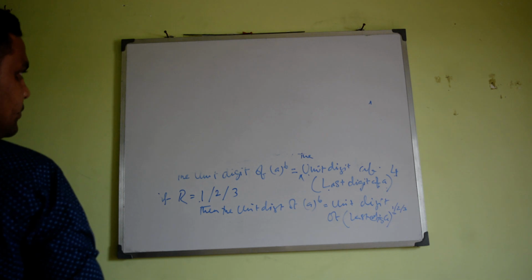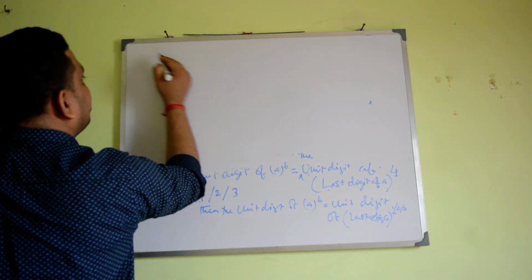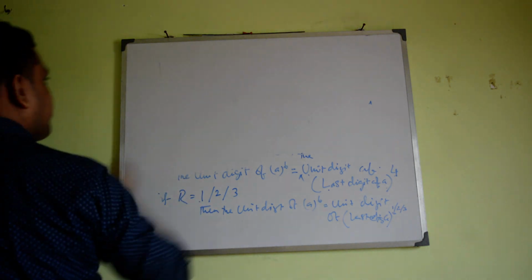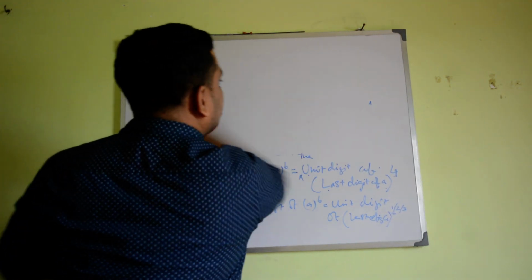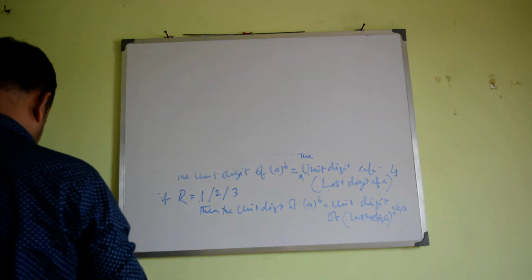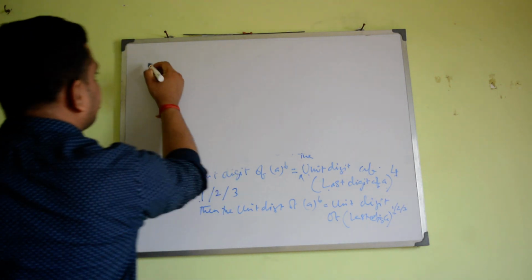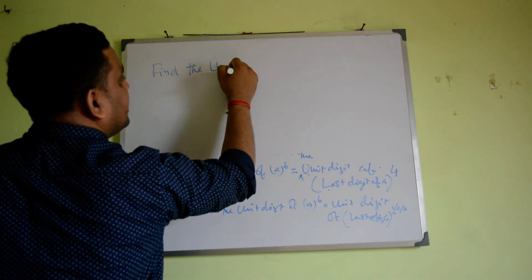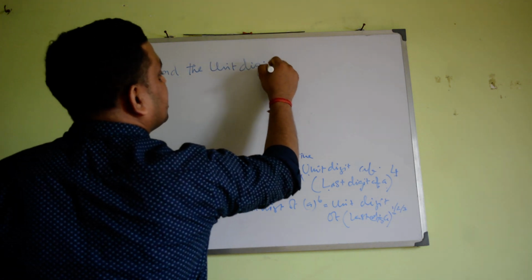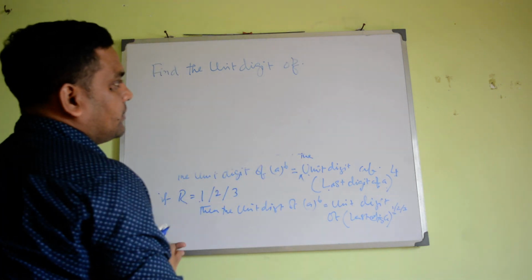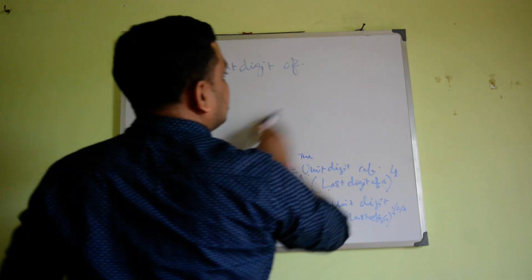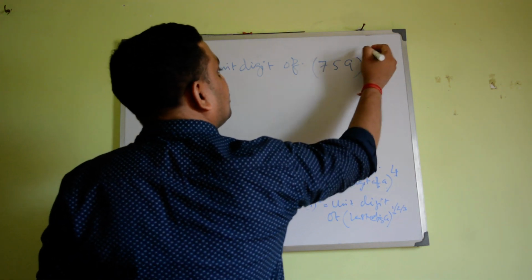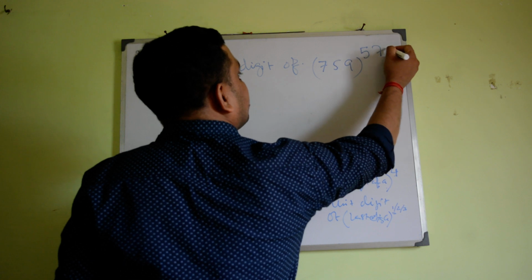Let's find the unit digit of, let's say, 759 to the power 572.